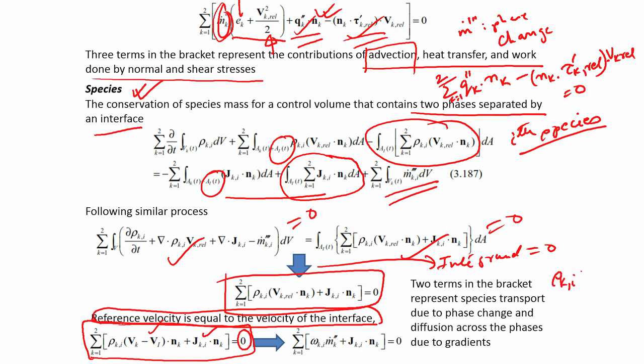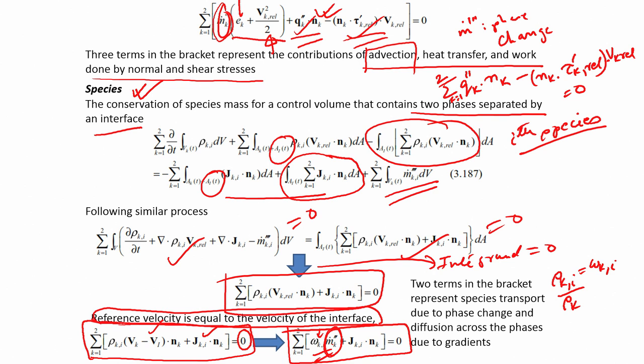Rho k I by rho k is basically omega k I, right. So, if we incorporate that definition over here, this is the expression that you get. So, it is basically the mass fraction into the corresponding mass transport of the ith species. This is the total transport of mass from the kth phase to the corresponding adjoining phase, right.